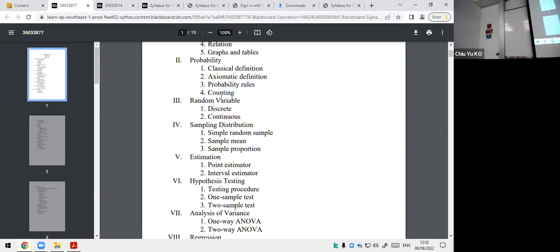Because of this sampling distribution, we can do the rest, chapter 4, which is the main thing. First, we want to do estimation. We want to know how useful things are, something we don't know. For example, we want to know how useful the COVID medicine or the vaccine is. So we do some estimation.